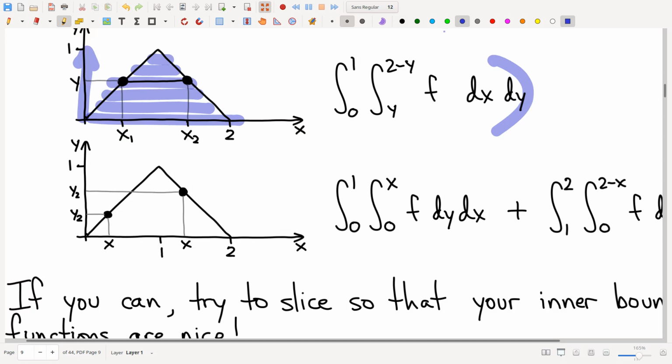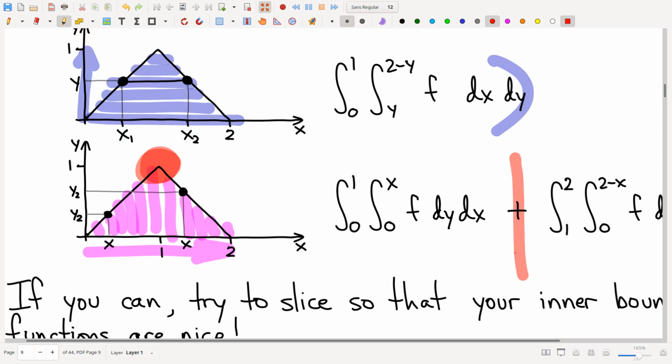Whereas, going in this other direction, slicing in the x direction, looking at these x slices, I slice through a corner. And that corner is where my upper bound curve for the y integral sort of jumps from the one curve to the other curve, and that's why I have to stop the integral I had been working on and start a whole new one.